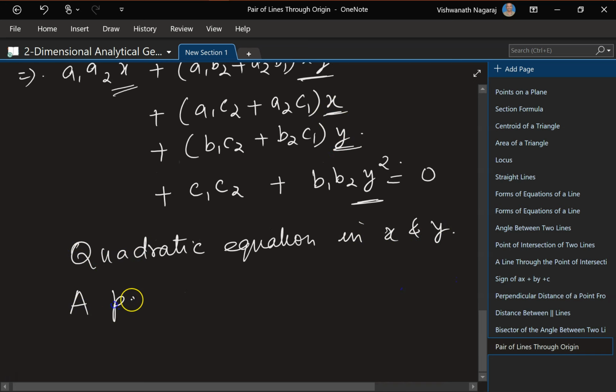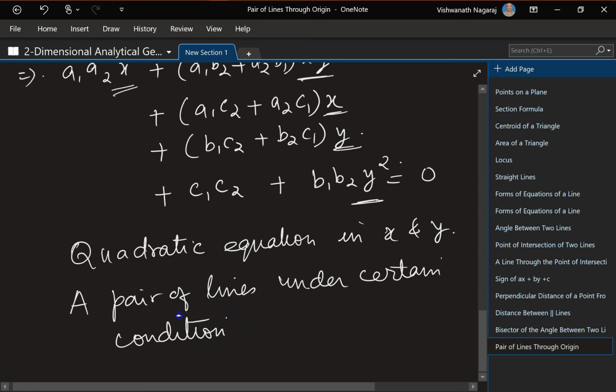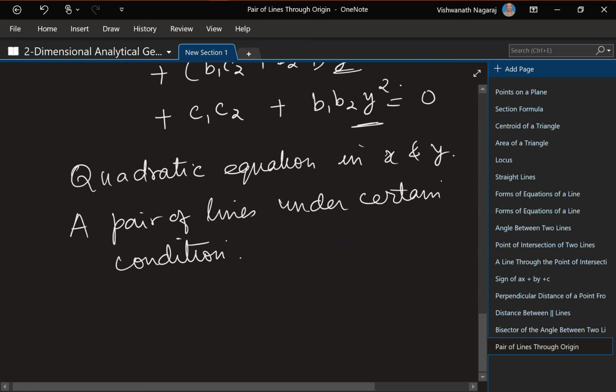It can represent a pair of lines under certain conditions. We will look at that condition at a later point. So just remember that every quadratic equation in x and y doesn't necessarily represent a pair of lines.